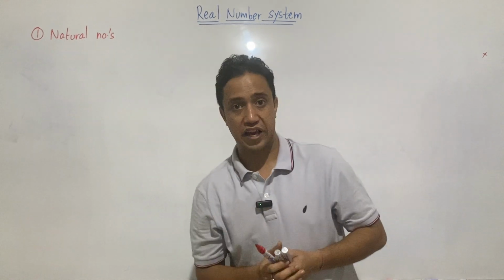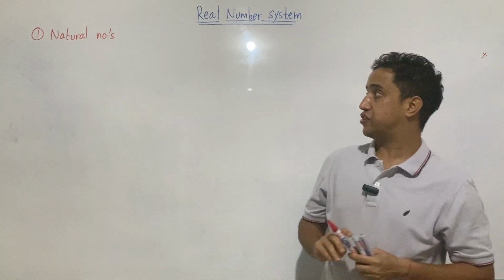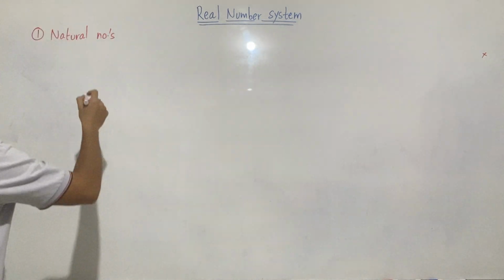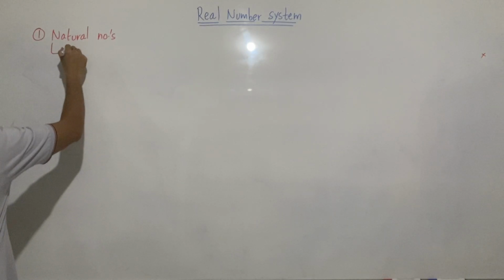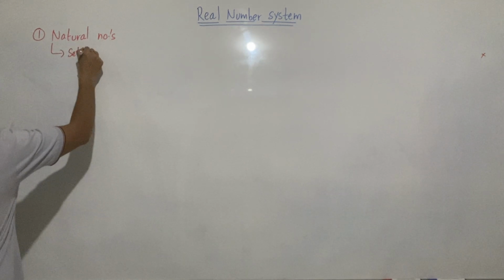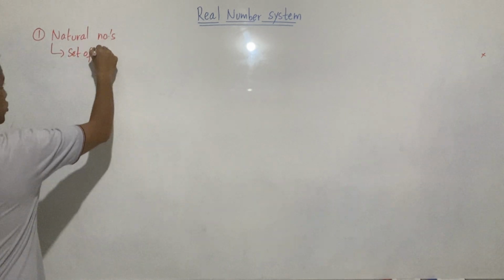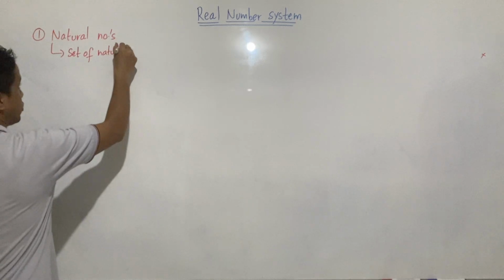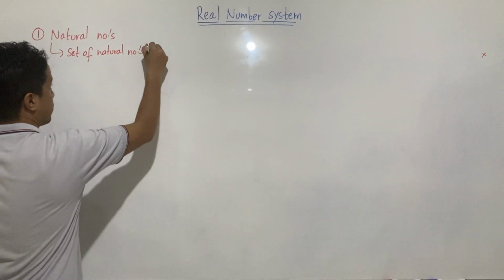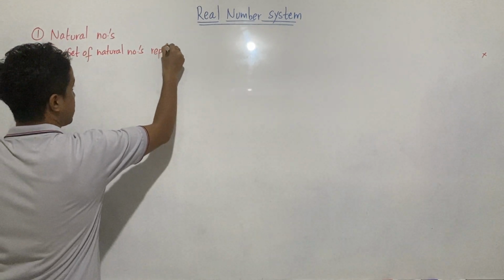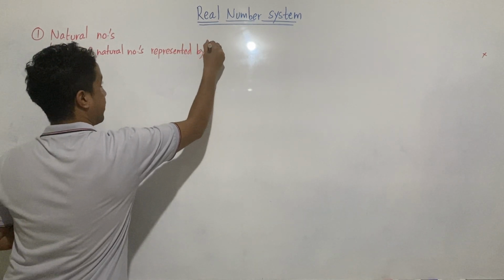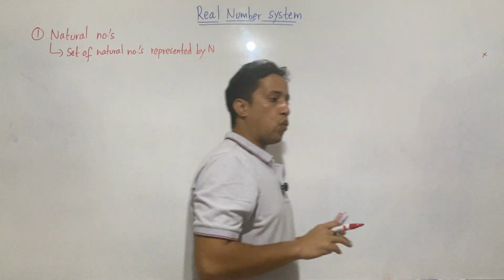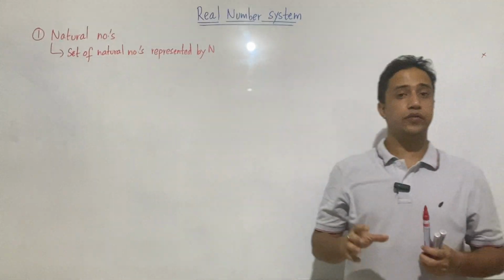The set of natural numbers is represented by N. So what are natural numbers?